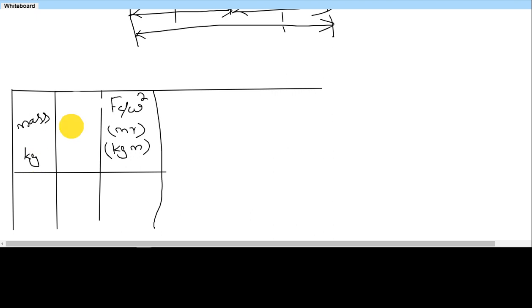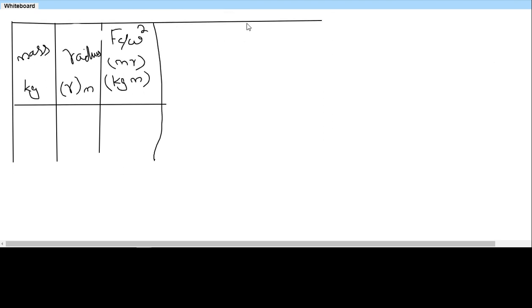Second column was radius of rotation, r in meters. Then Fc by omega square, that is centrifugal force divided by omega square, which is m into r, kilogram meter was the unit. So here, in addition to that, there should be length from a reference plane, L in meters.